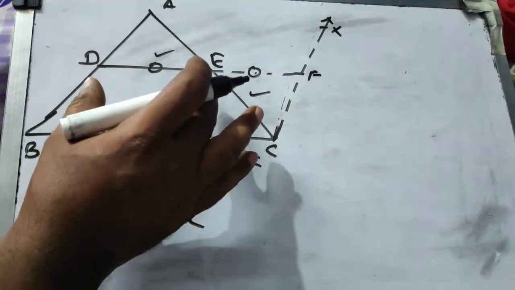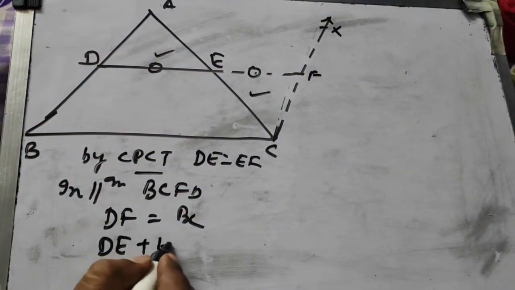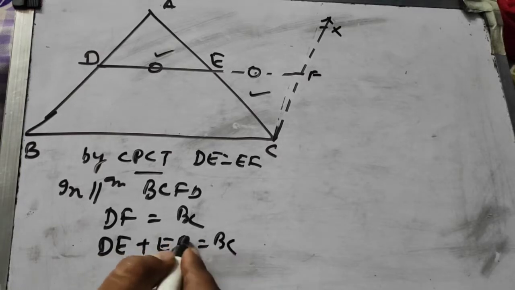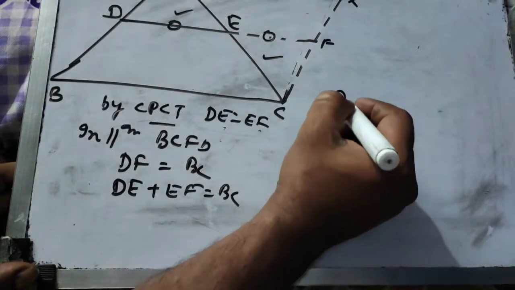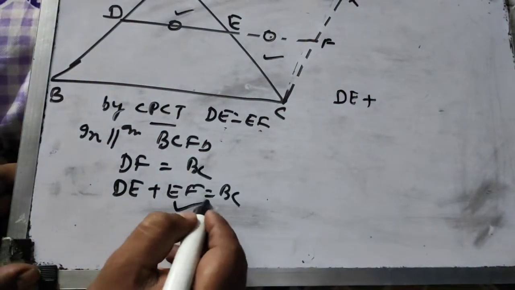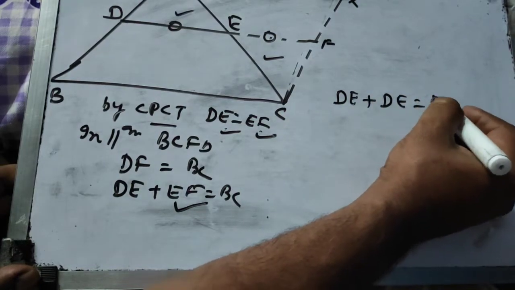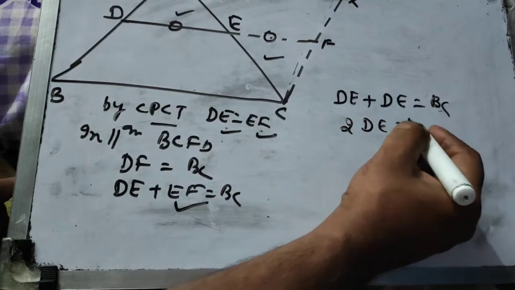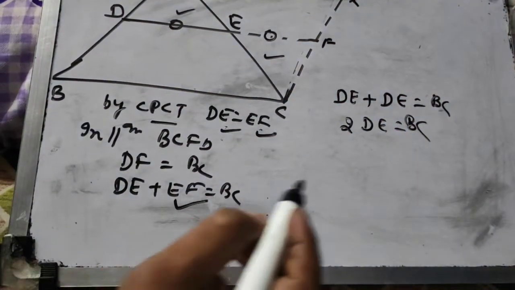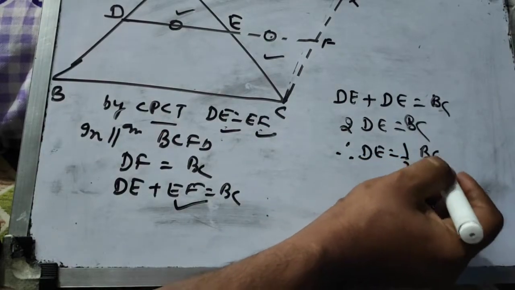But DF is represented as DE plus EF, so I will write DE plus EF is equal to BC. Now see, DE is already equal to EF, so next step, for EF I will write DE. So DE plus DE is equal to BC. So twice DE is equal to BC. Hence, if you have to find DE, it will be half of BC. Proved.